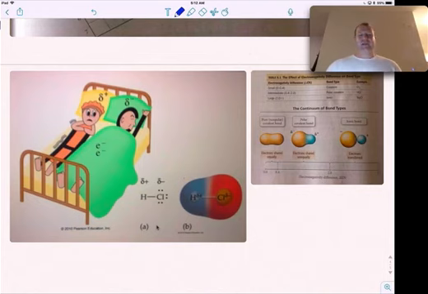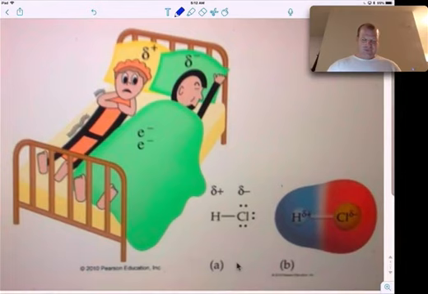So here is hydrogen chloride, or I should say hydrochloric acid, in water. Chlorine is more electronegative, has a +7 center, and hydrogen is +1. Chlorine is very electronegative. It draws electron density to itself. So what happens is that the chlorine draws electron density away from the hydrogen, and it forms what's called a polar bond, where you have a positive end and a negative end on the hydrogen chloride.